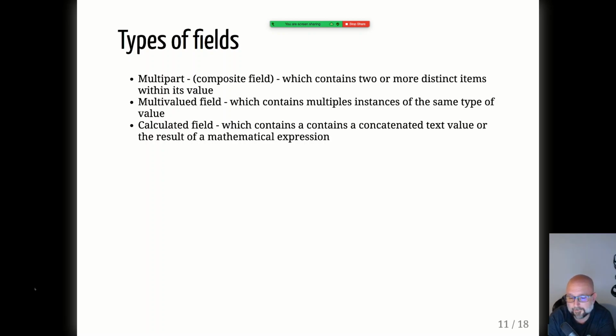Now a calculated field, you will see this regularly. Primarily you'll see this in database views, which we're going to talk about in a second. The example in the book was a full name column, which is calculated as a string concatenation of the first name and the last name columns or attributes of that table.